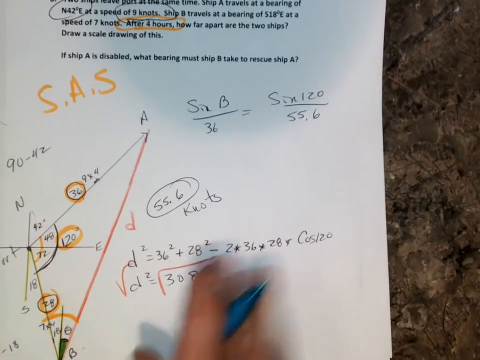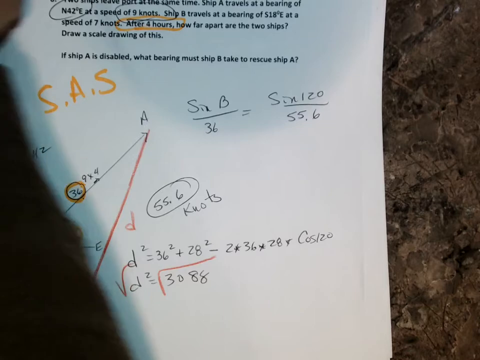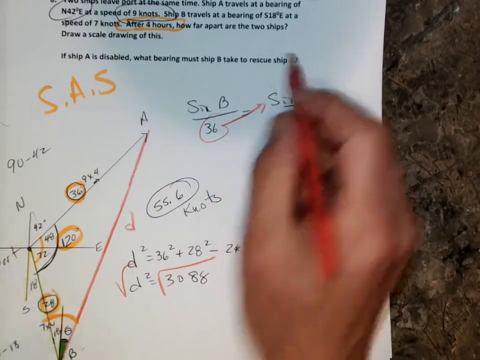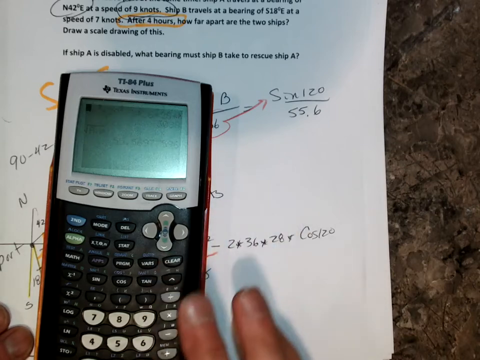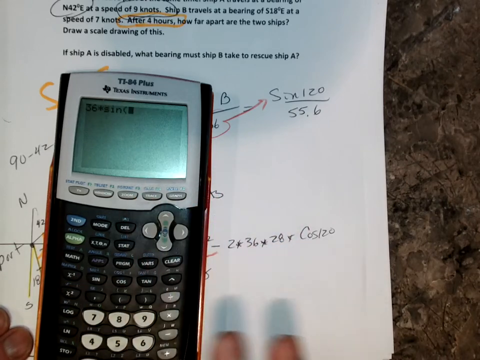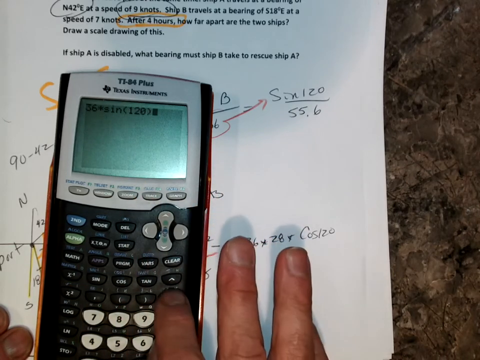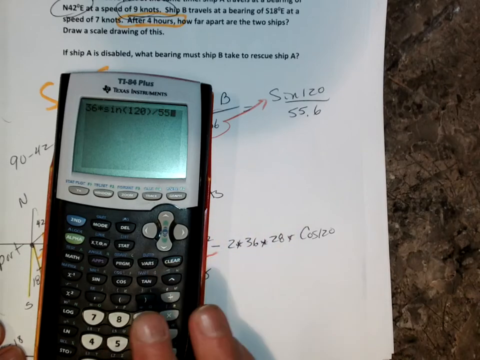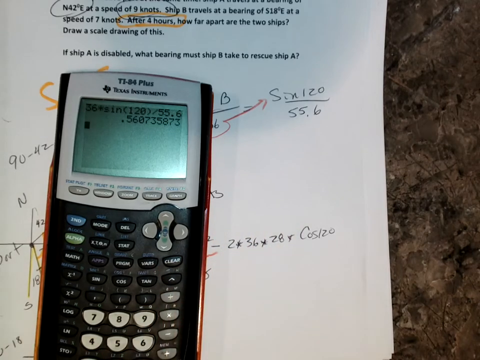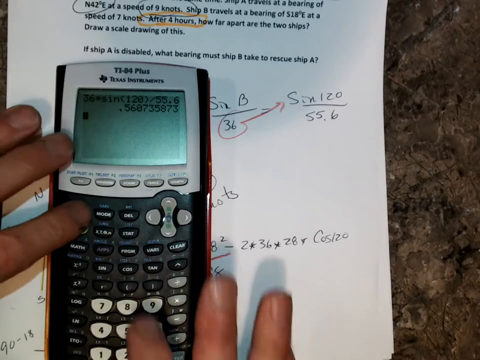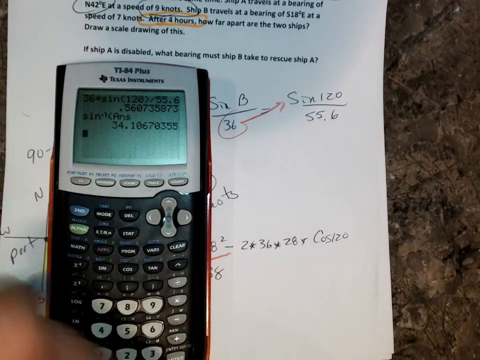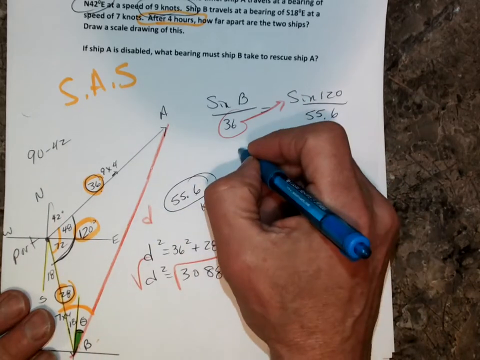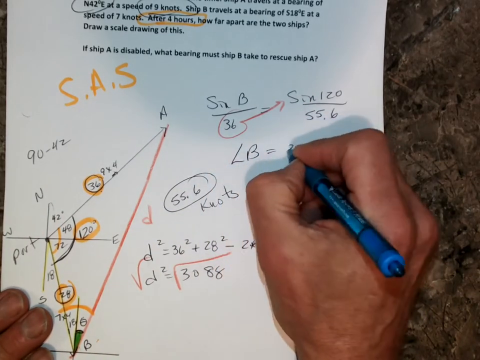Okay, and so then what I'm going to do is multiply up 36, use my calculator, 36 times the sine of 120, divided by 55.6, and of course I need to take the sine inverse of that, because a lot of sines, sine inverse of that answer. Okay, so I get a 34.1 degree angle, okay? We can say 34. Angle B is about 34 degrees.